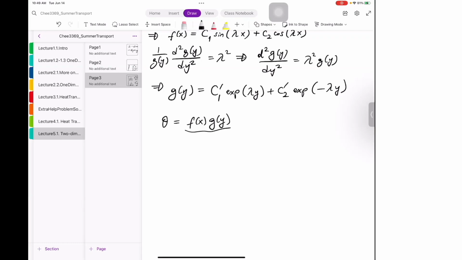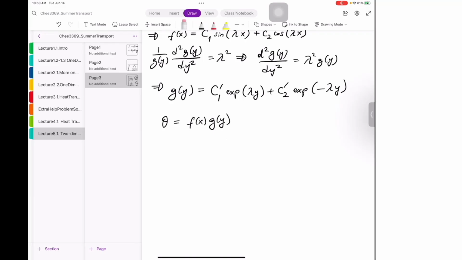Maybe theta looks like, for example, xy plus x squared y plus 1, right? And if theta is something like this, there is no way you can convert it into this form. But if theta is of this form, you can convert it into a sum of multiplications of f's and g's.